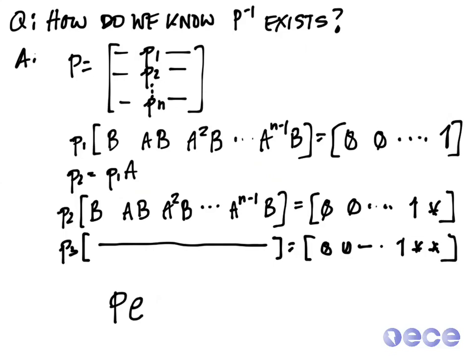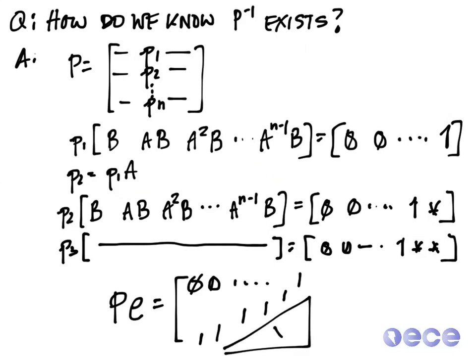P times our controllability matrix E is going to be 0, 0, until we finally have a 1 on the diagonal here. And then we're going to have a bunch of potentially non-zero values here. So our matrix is lower triangular. And we're going to be able to say that P will always exist because we're always going to be able to make E inverse.